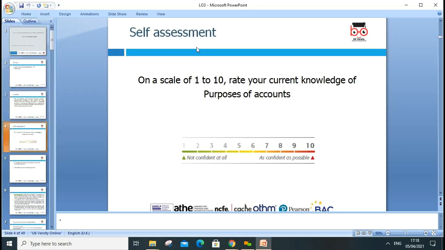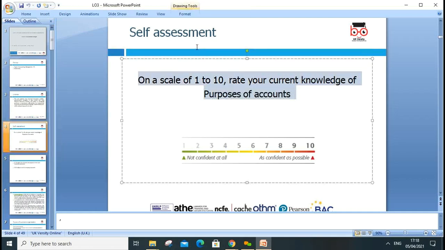Before starting, it's always good to rate yourself from 1 to 10 on your current knowledge. What do you think at the moment, in terms of the purpose of accounts? Anyone, please?